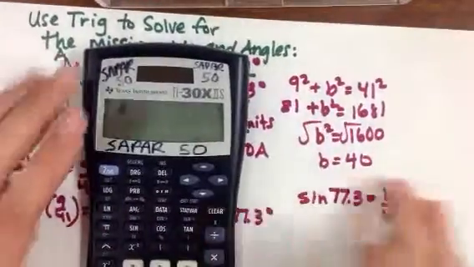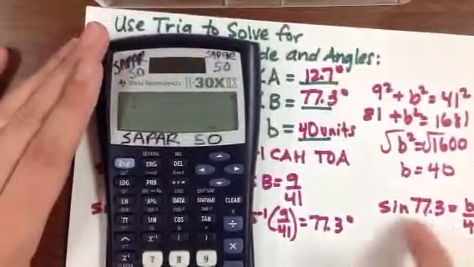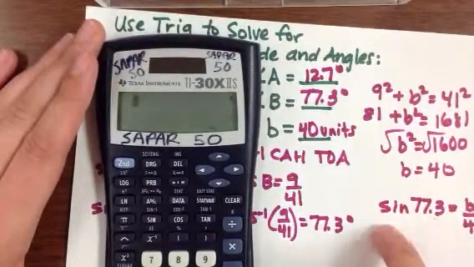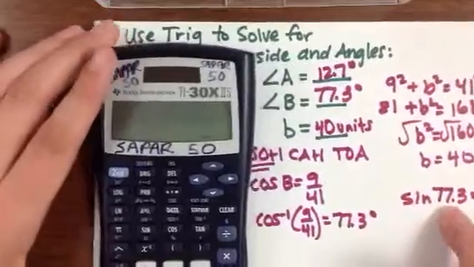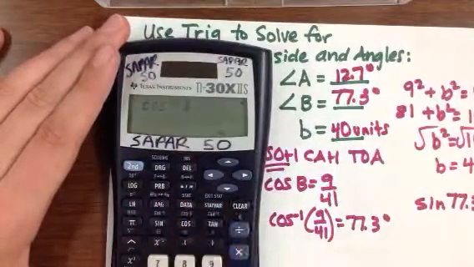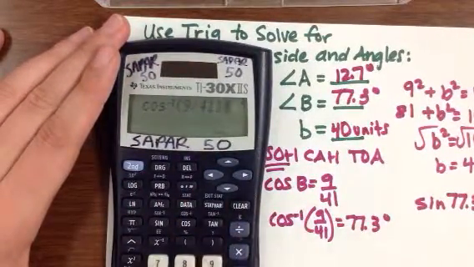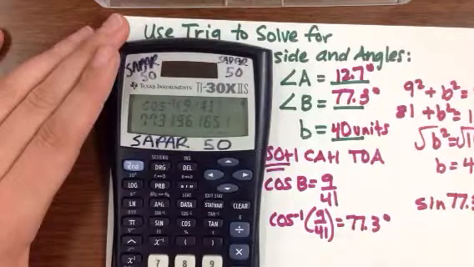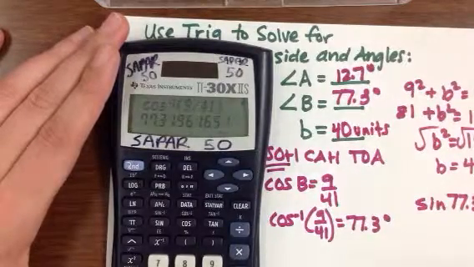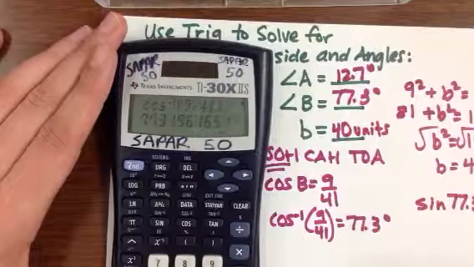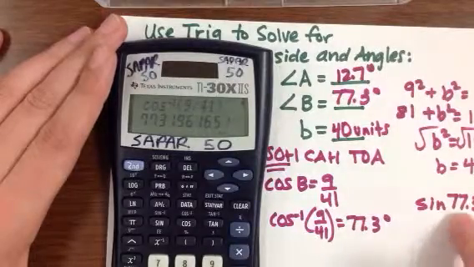But I really want to get exactly what sine of 77.3 is. So I'm going to go back first and retype in cosine inverse of 9 over 41, because that gave me 77.31961651 and all the decimals. We never want to round until the very last step, so I want to use that.